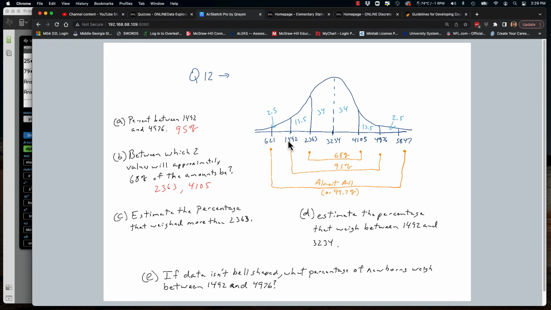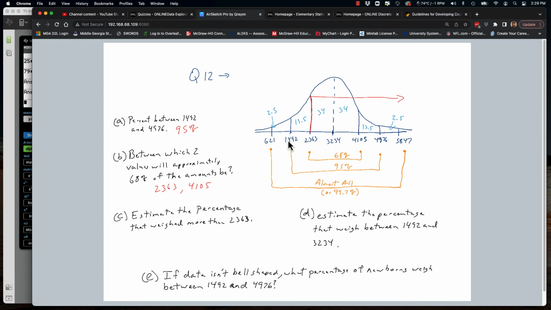Then part C says estimate the percentage that weighed more than 2363. So more than this value right here. So we really need to add up all the percentages that I have highlighted in blue from here all the way back up, right? That weighed more than 2363 grams. So that'd be adding 34, 34, 13.5, and 2.5.